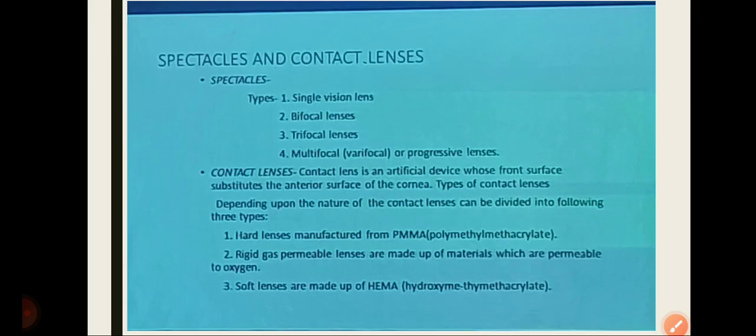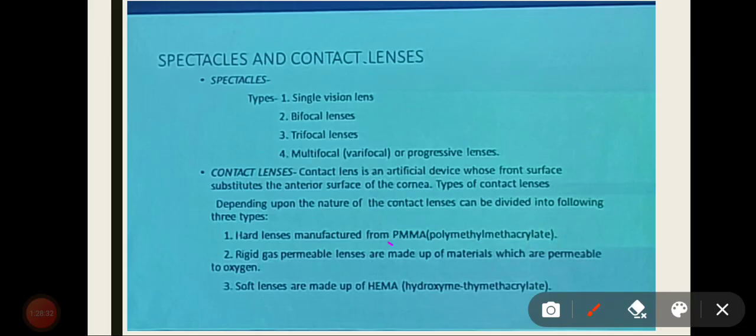Hard lenses are manufactured from PMMA, that is polymethyl methacrylate, and rigid gas permeable lenses are made up of materials which are permeable to oxygen, and soft lenses are made up of HEMA, hydroxyethyl methacrylate.